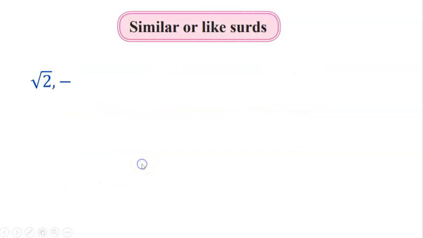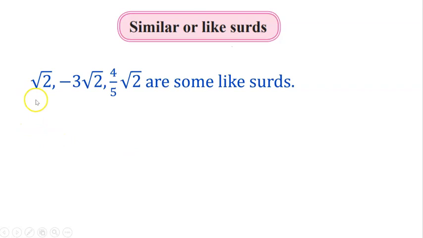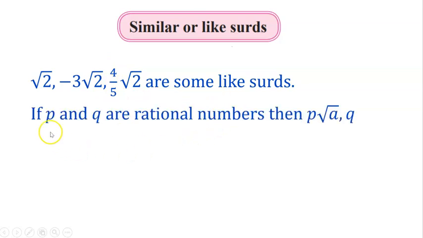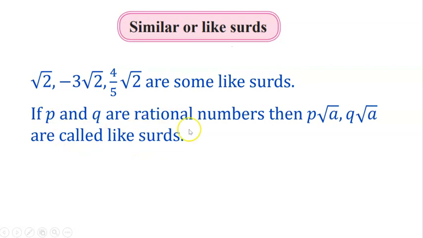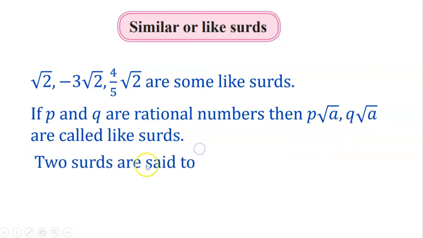Similar or like surds. Now see this here, root 2, minus 3 root 2, 4 by 5 root 2 are some like surds. If p and q are rational numbers, then p into root a, q into root a are called like surds.